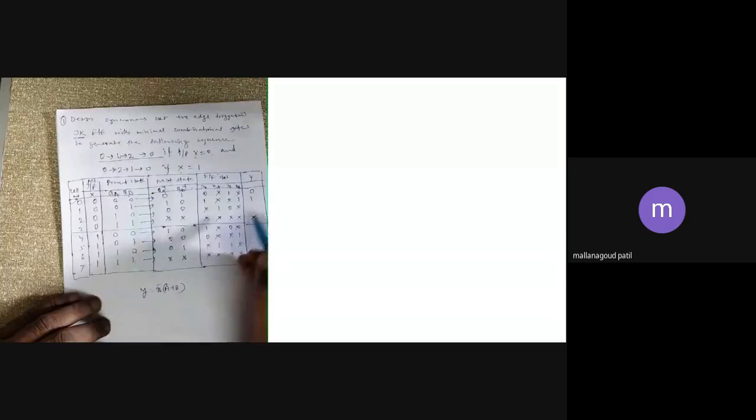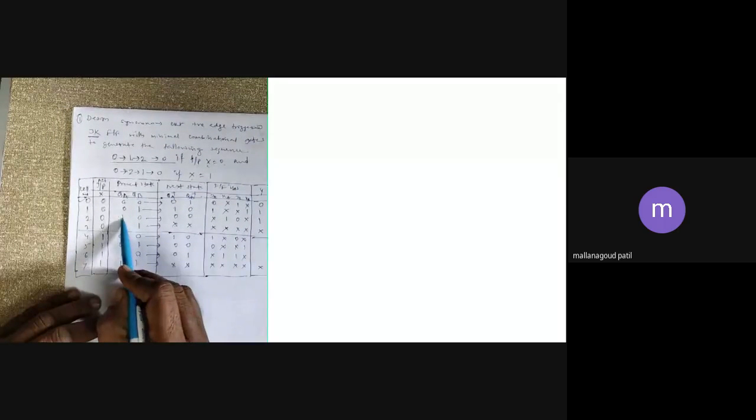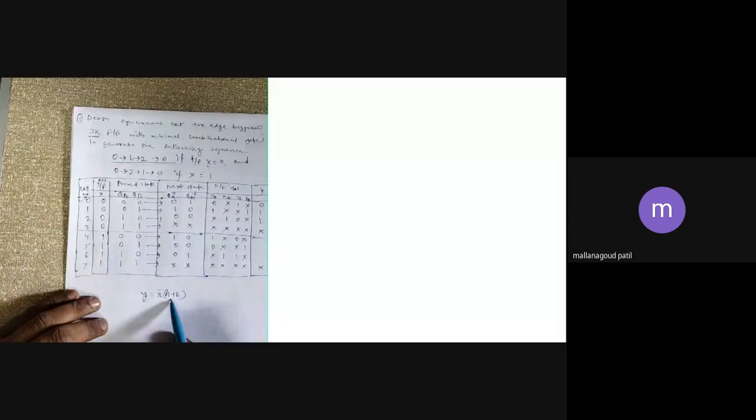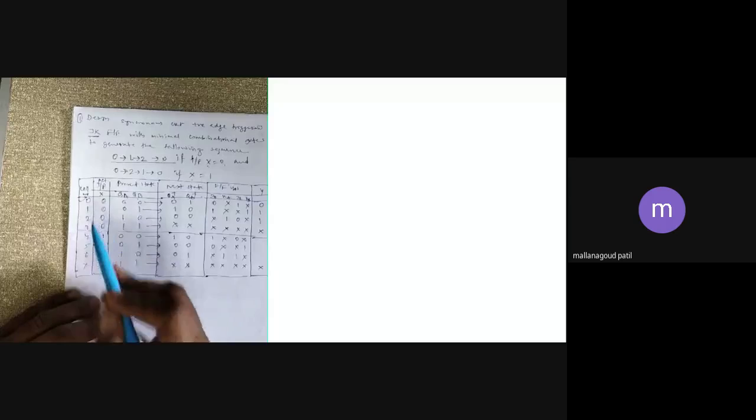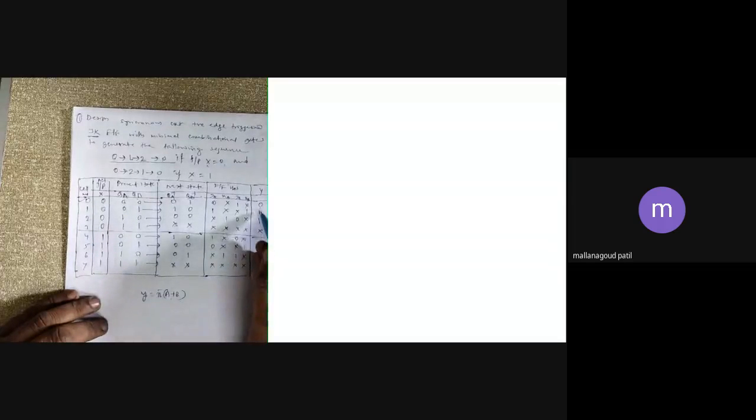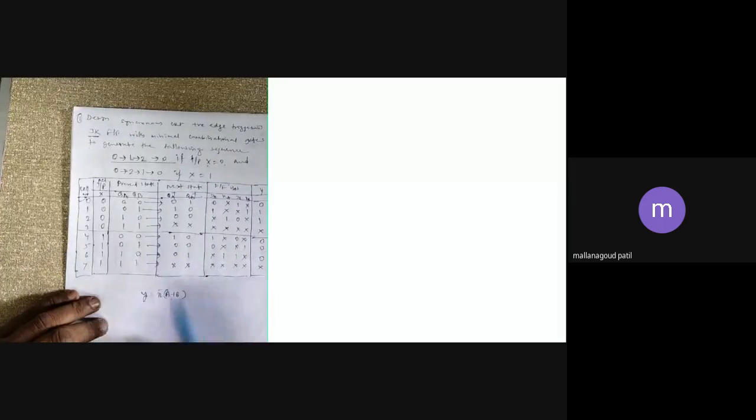In these two cases you will get 1 here, because either a or b will be 1, so a plus b will be 1. X bar anyhow will be 1 for the first block, because in all the cases x will be 0. Then you can write this is 0, 1, 1, x. And what should be the output? Second box, I can write directly 0. Why am I supposed to write 0?